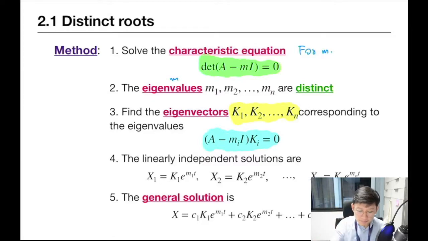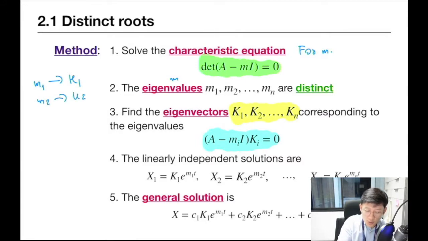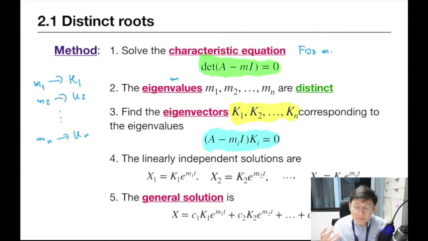For each m, for example for m1, you get K1, and that is the eigenvector corresponding to the eigenvalue m1. And for m2, you get K2, and similarly for mn, you get Kn. It will become clearer when you look at the examples, but right now, just accept the method.